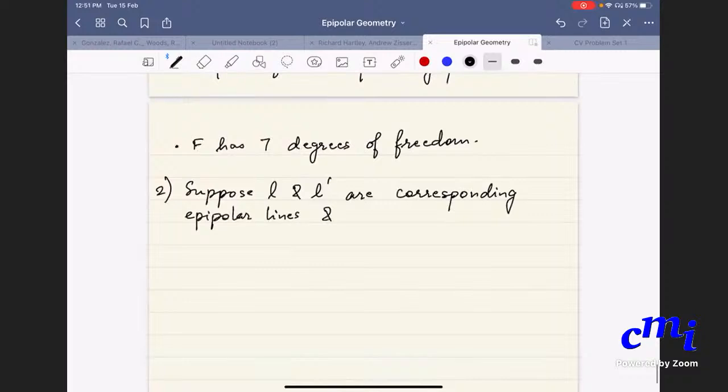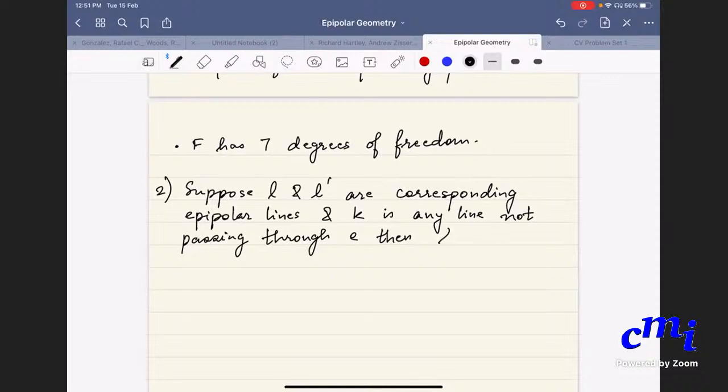And K is any line not passing through the epipole E. Then with reference to this third line, you can relate L, F and L prime.